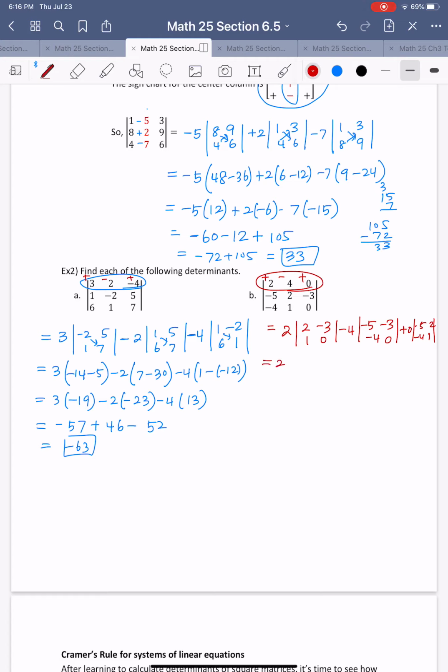So it's going to be 0 minus negative 3, minus 4 of 0 minus 12, and then 0 times any number is 0, which is 5 minus negative 8, of course. And then I got 2 times 3 minus 4 times negative 12, and then 0. I got 6 plus 48 plus 0. I got 54.